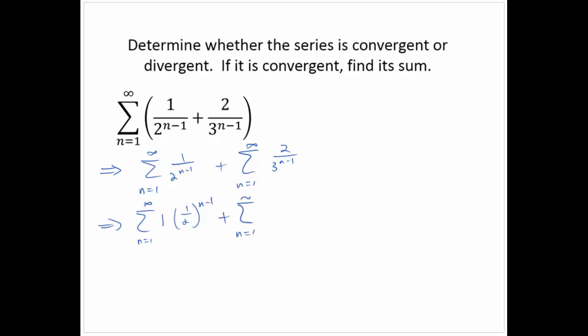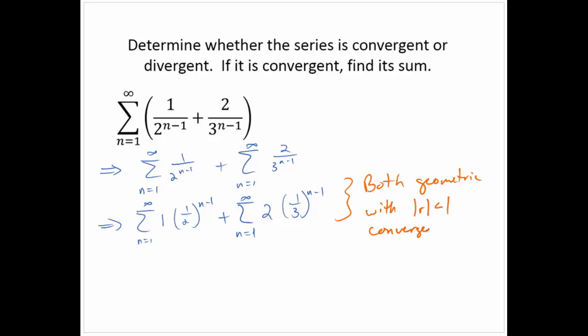Plus the sum from n equals 1 to infinity, and using the same idea, this would be 2 times 1/3 to the n minus 1. Each of these is geometric with absolute value of r less than 1, so they converge.